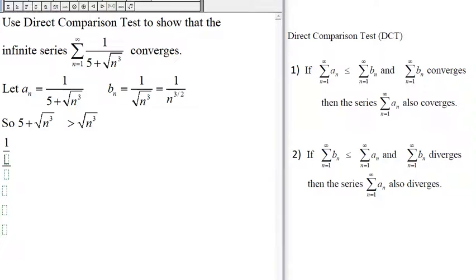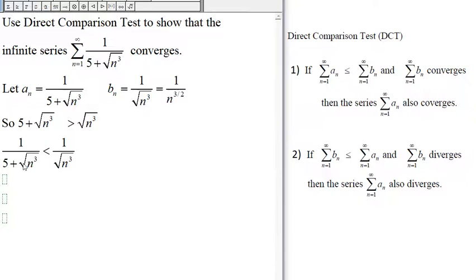So 1 divided by 5 plus the square root of n to the third is less than 1 divided by the square root of n to the third. So if we have 5 plus the square root of n to the third, which is greater than the square root of n to the third, and then we take the reciprocal of both sides, then we have to reverse the inequality.